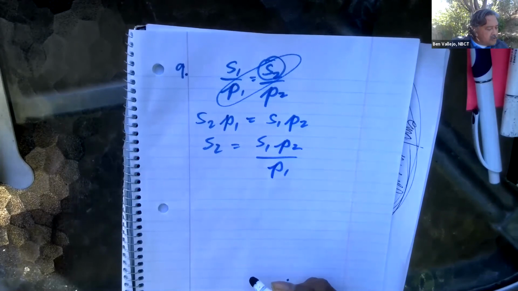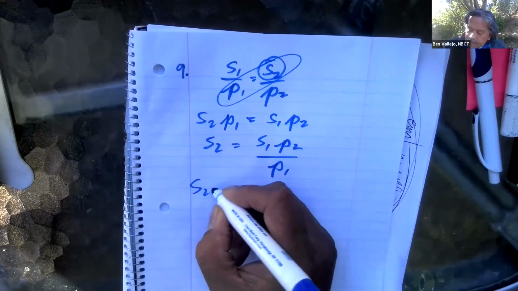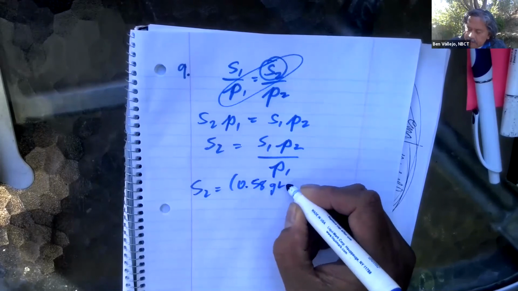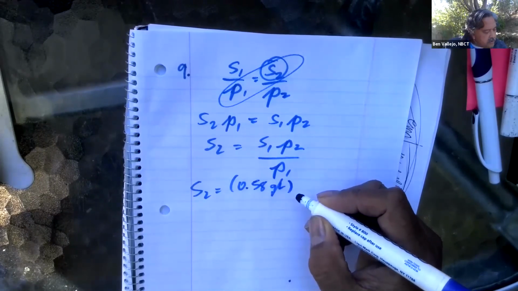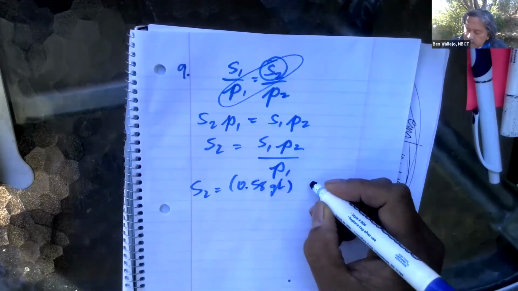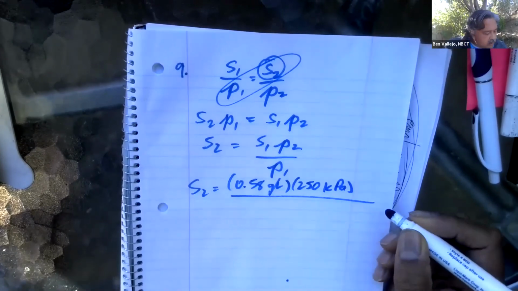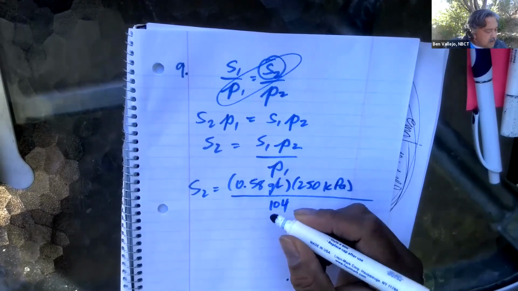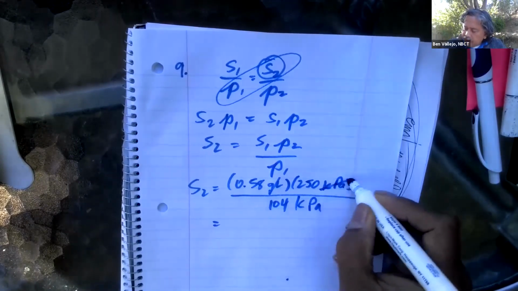So what are all those things? Well, S1 is 0.58 grams per liter. P2 is 250 kilopascals, all over 104 kilopascals. You can see the pressures cancel out.